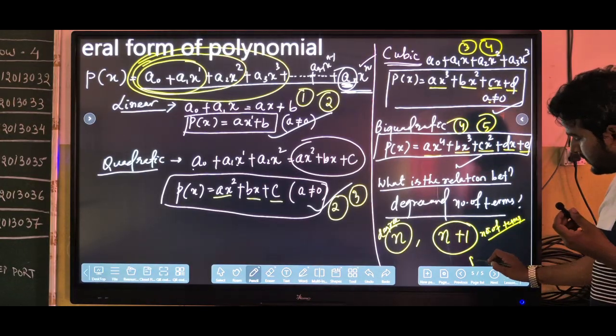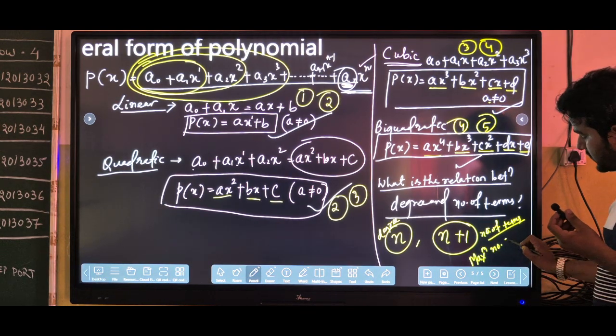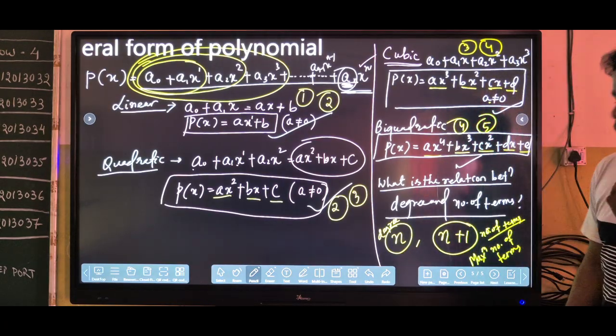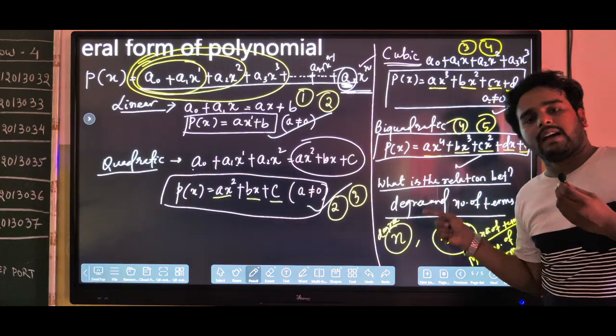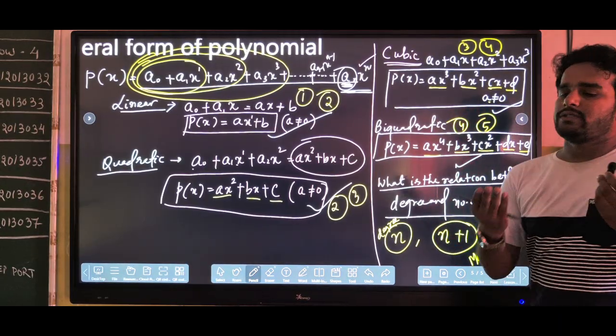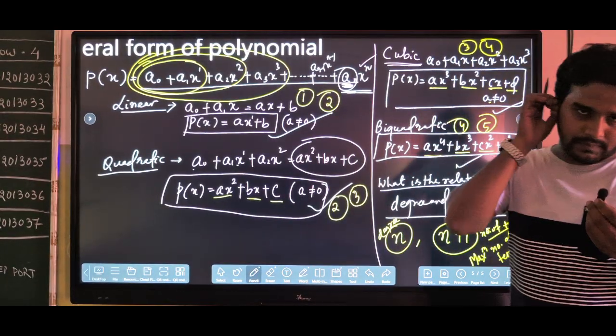Answer should be maximum number of terms. Maximum number of terms. Okay, it means what? Maximum, this polynomial can have n plus 1 terms. It means degree 1 may have 1 term or 2 terms.